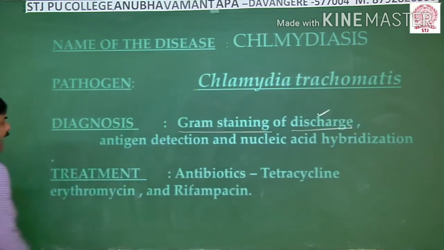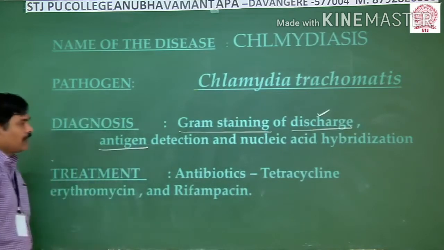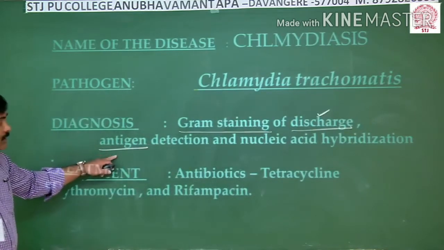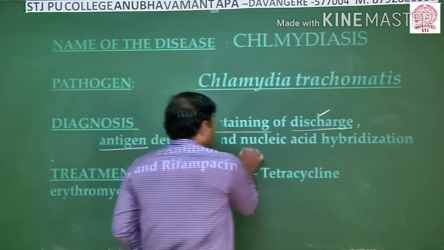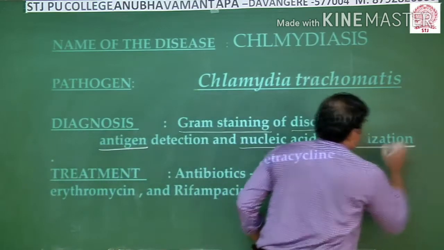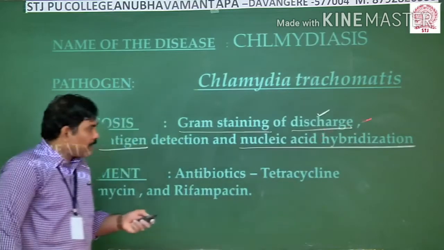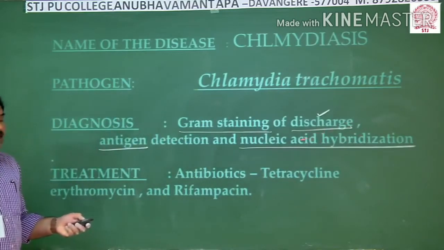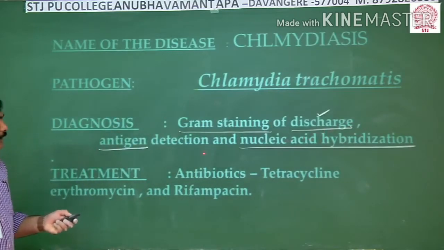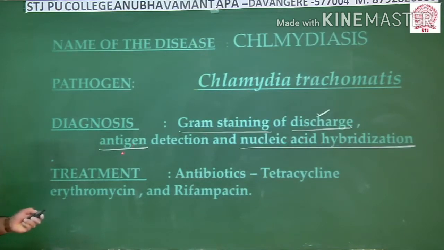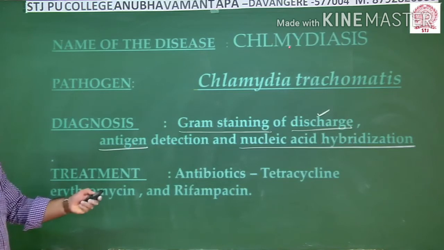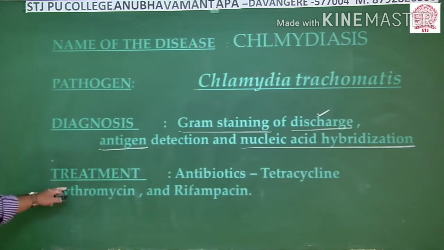Thereafter antigen detection is also helpful to us, and meanwhile nucleic acid hybridization, like DNA hybridization, is also available. With all these three tests, we can detect the disease like chlamydiasis. Then what is the treatment for this?